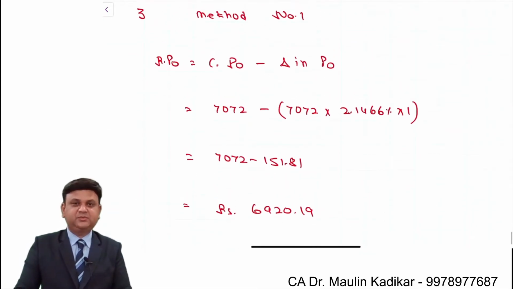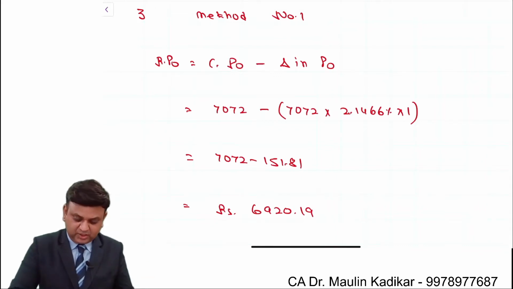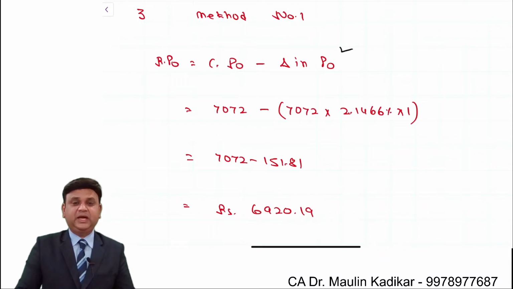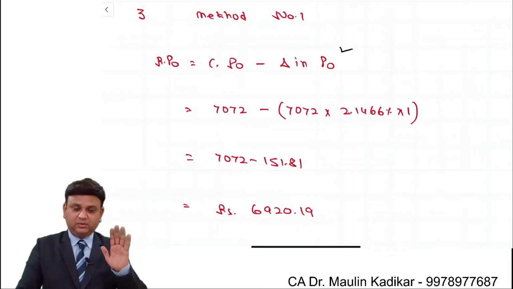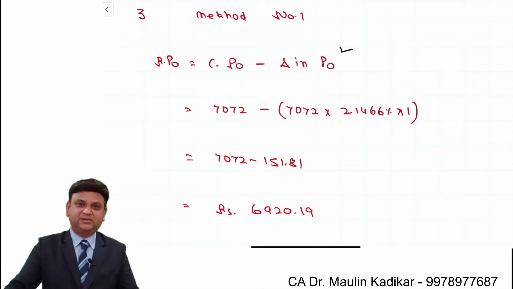Friends, from the examination point of view, understanding both the methods is important, because sometimes the information is such that only this method is possible and not the detailed one. So be careful to understand both the methods.